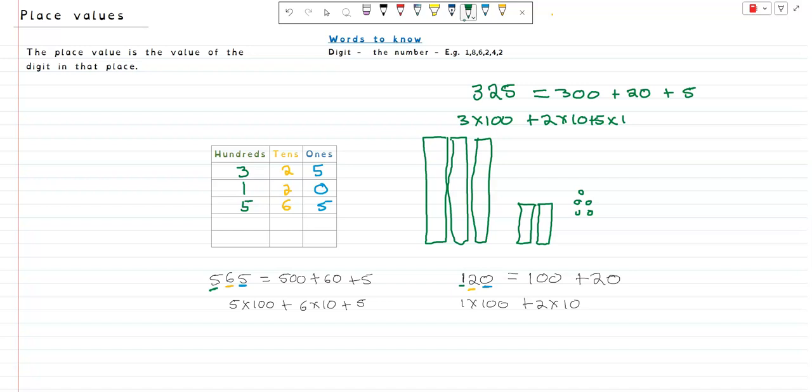Please remember that everything that I write down on this page should be showing in your notebook. So exactly how my page looks here, that is what your page should look like in your book. Remember to write the title on the right hand side, and remember to write your date on the left hand side.